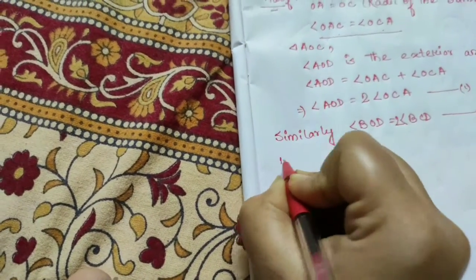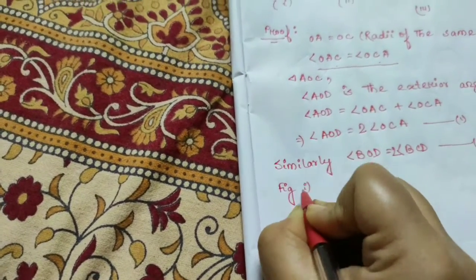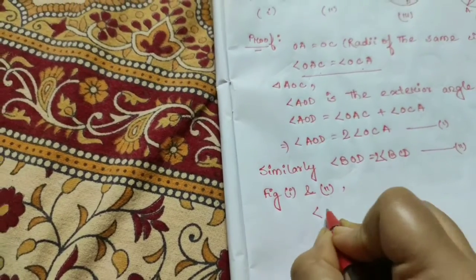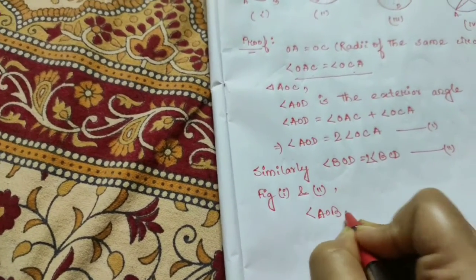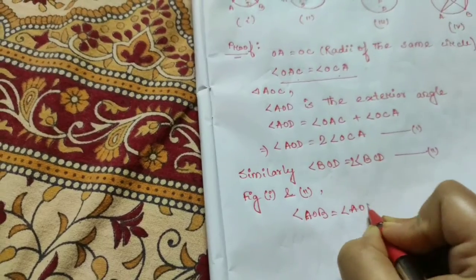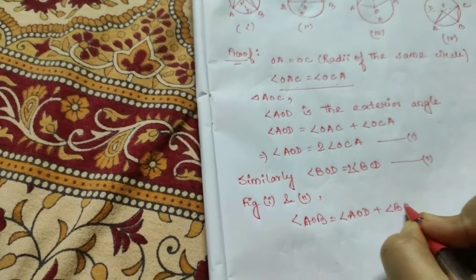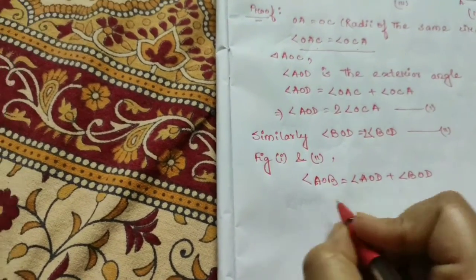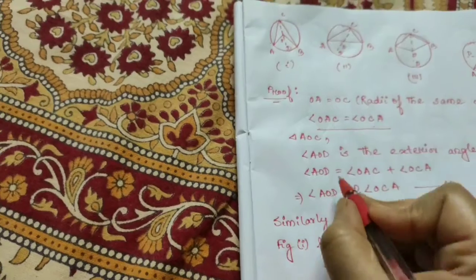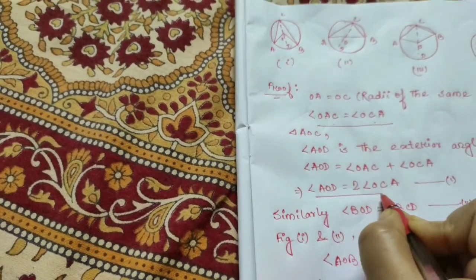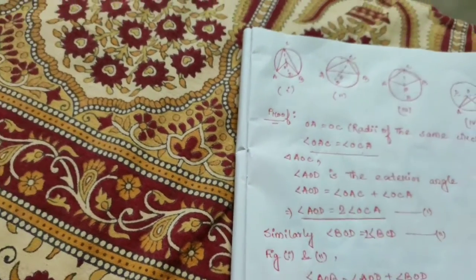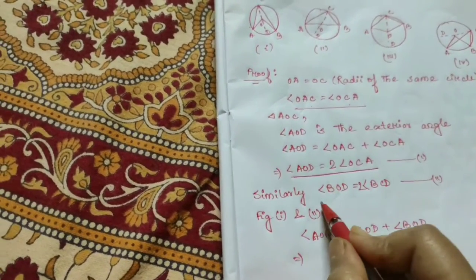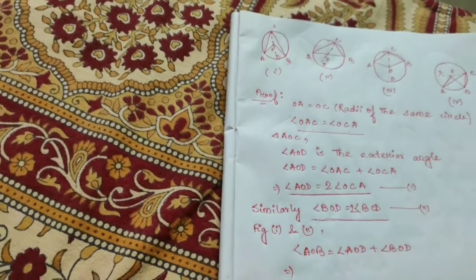Then for figure 1 and for figure 2, angle AOB is equal to AOD plus angle BOD. Now I am putting AOD is equal to twice of OCA. Now I can replace AOD by twice of OCA and BOD by twice of BCD.